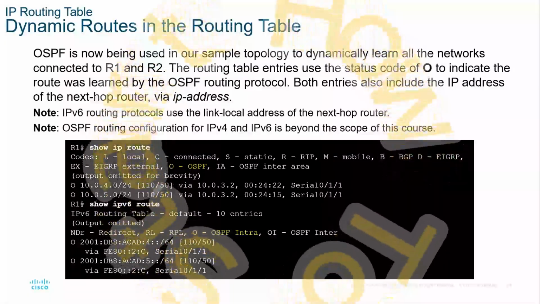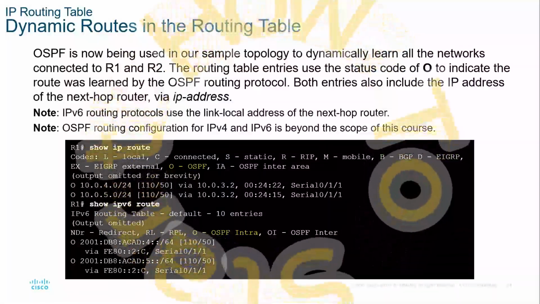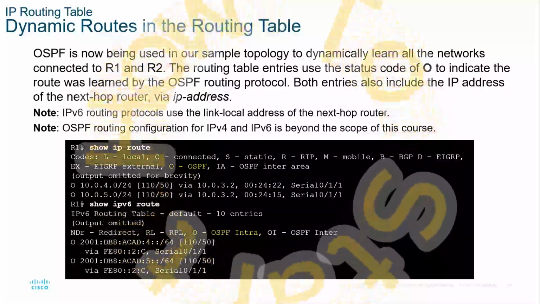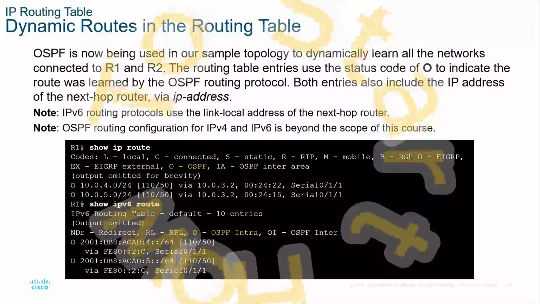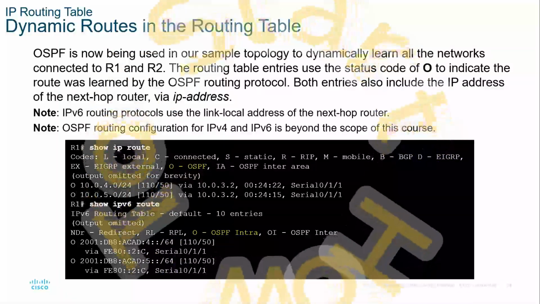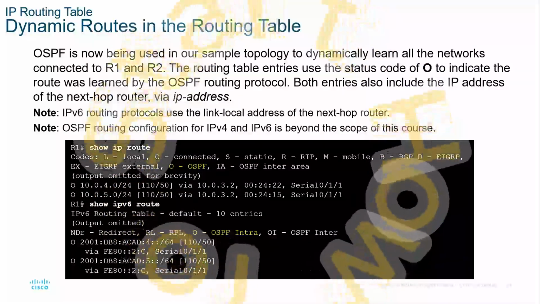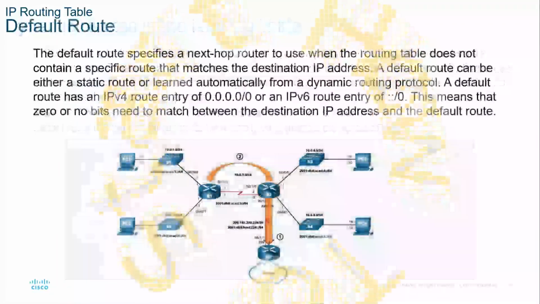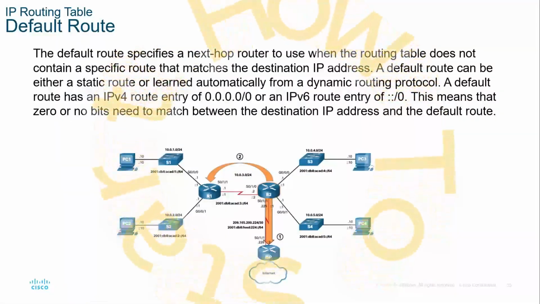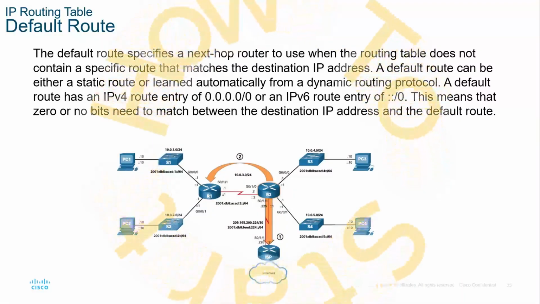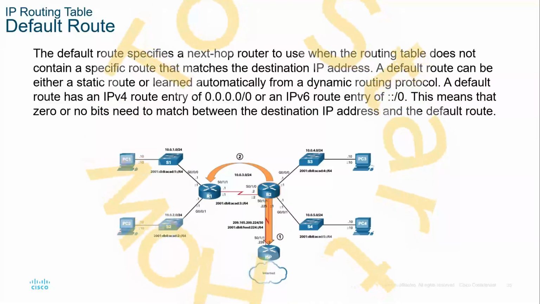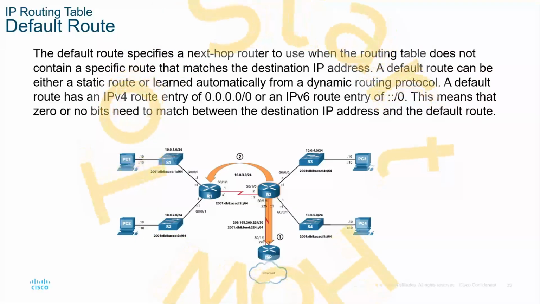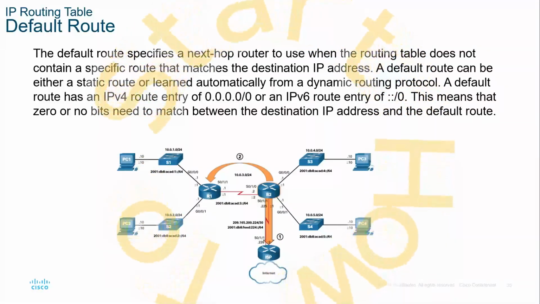One thing to note also is while IPv6 will use the link local address, IPv4 will use whatever IP address it has. They can both use exit interfaces as well, but they typically do not. The default route, again, here on R2, will be designated by zeros and say send everything to the ISP.